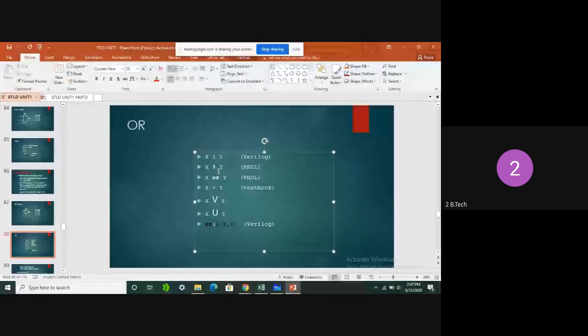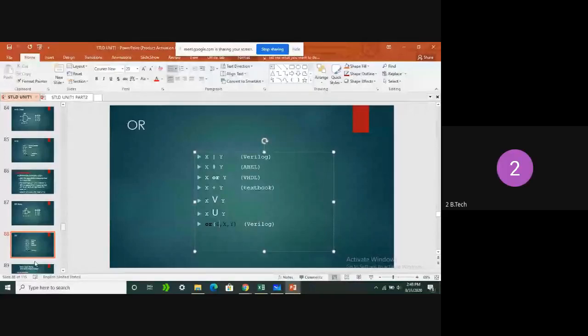Or union is most of the time used to represent it in set theory, where we can take these values or those values. In probability also we use it to represent union. Clear, all of you?